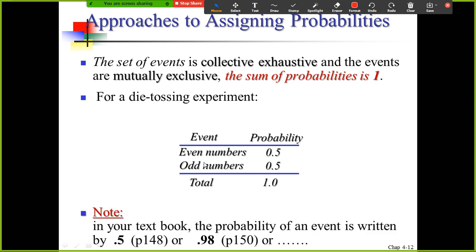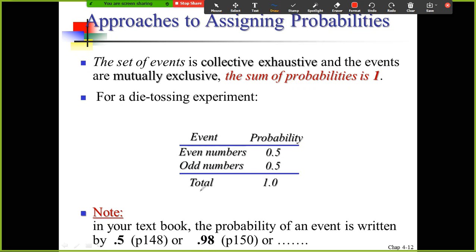Note, maybe I also explain, in your textbook the probability of one event is written as, as I just mentioned in the previous slide, 0.5 or 0.98.